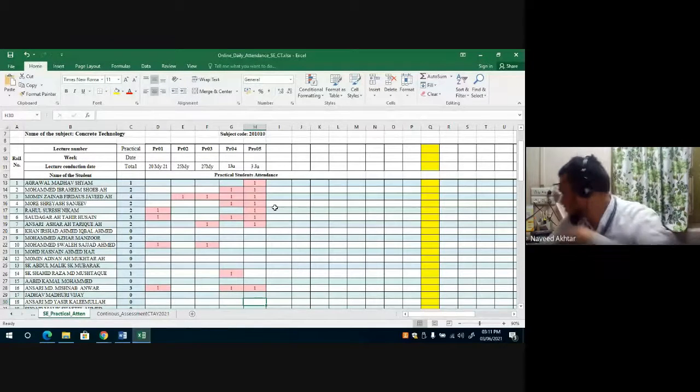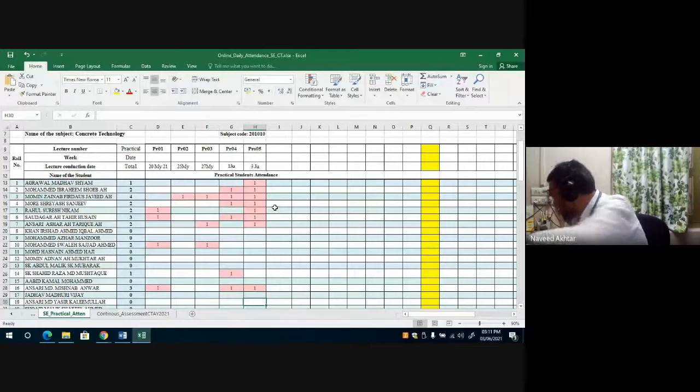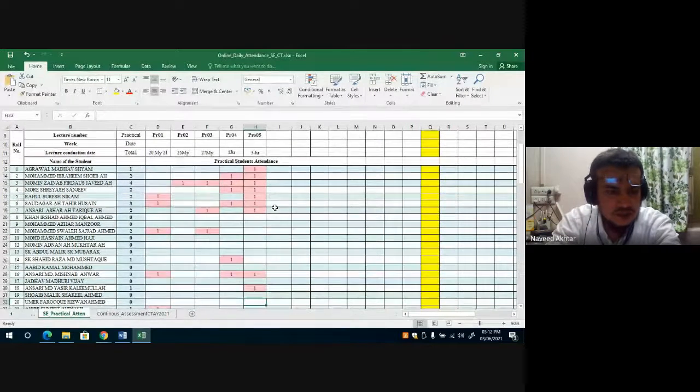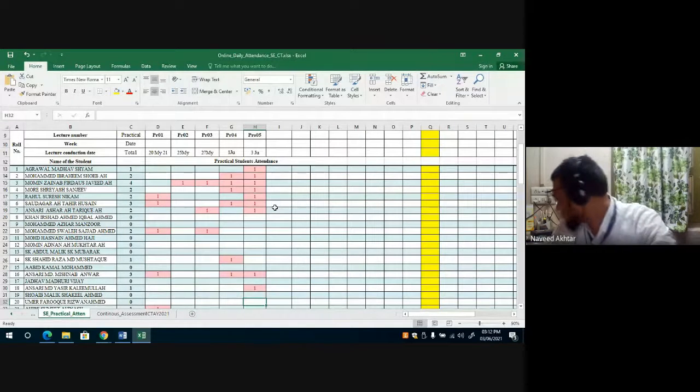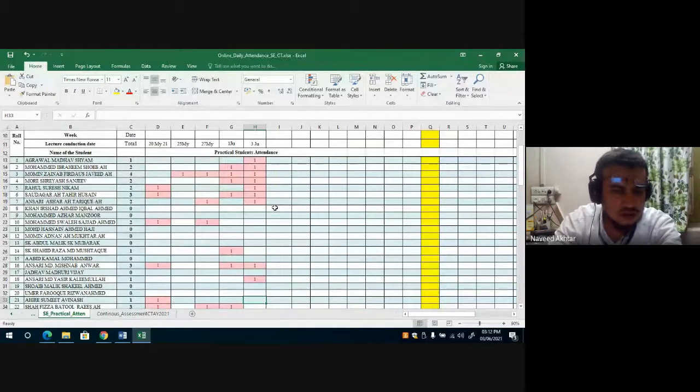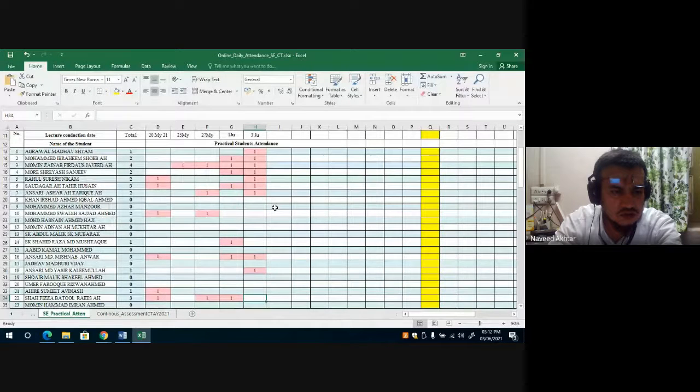Isari Muhammad Yasir is also there. Malik Shakil, Umar Farooq, Rizwan Ahmed Nursi. Then Ali Sumit is also not seen. In practical hours, in lecture hours they are there. Shafiz is there.